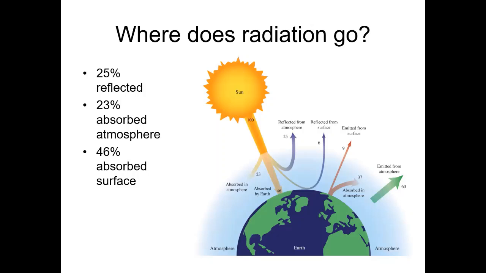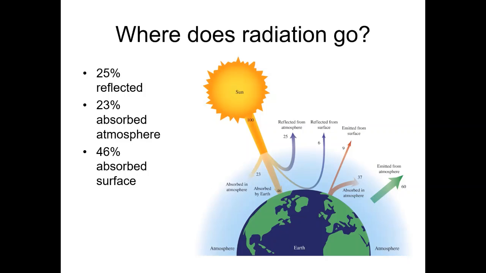So we're focusing on solar radiation, of course, coming from the sun. That's what solar means. And this graphic looks at the different places that solar radiation will go. So the first part, take a look at the arrows that are coming directly from this main beam from the sun.